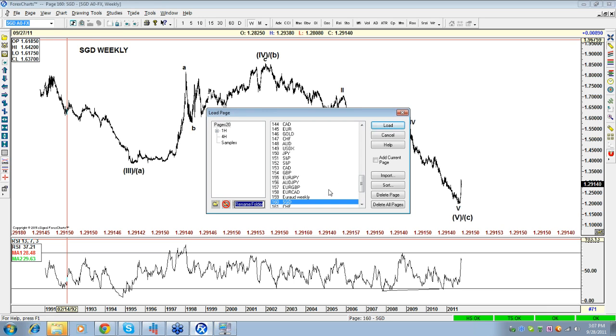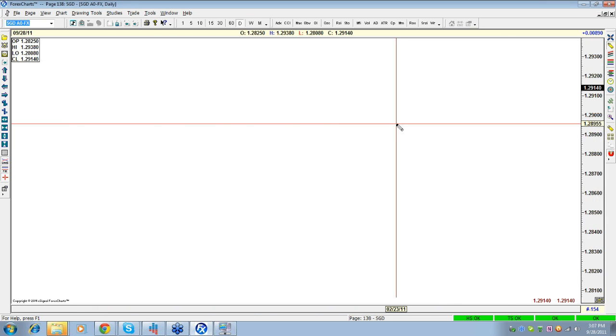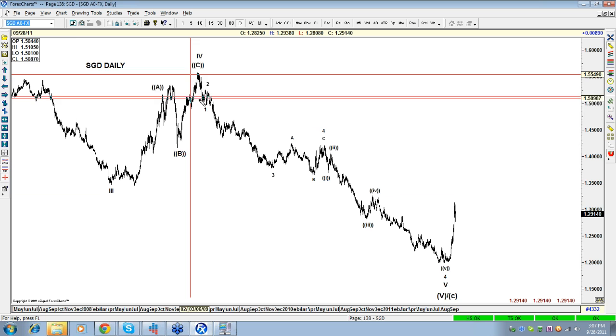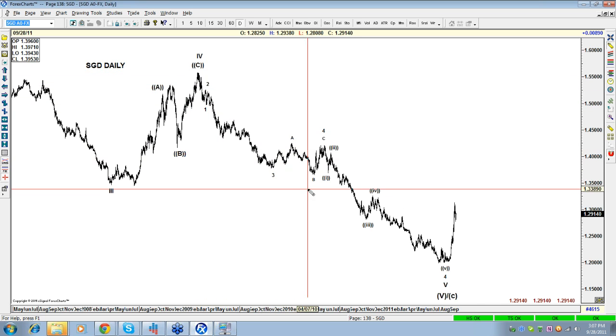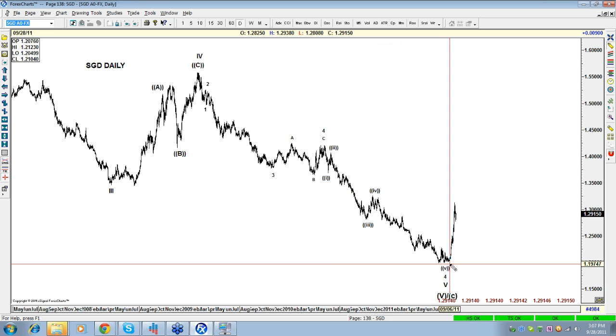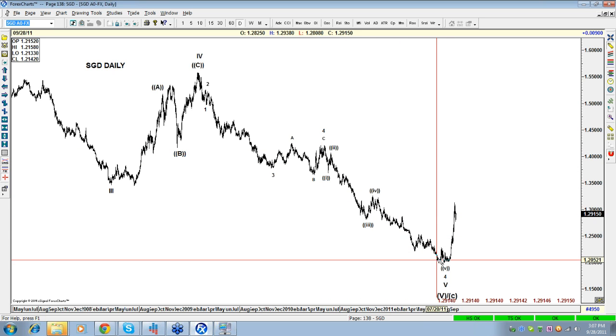One second. Then on the daily, this is what I see. Same scenario: 1, 2, 3, a flat 4, 1, 2, 3, 4, and a 5 with an extended wave 5.